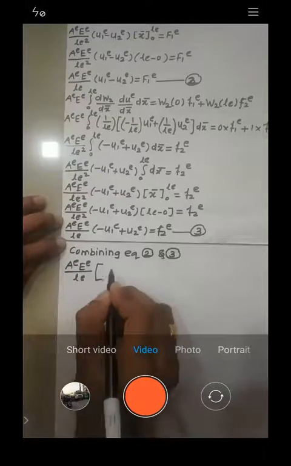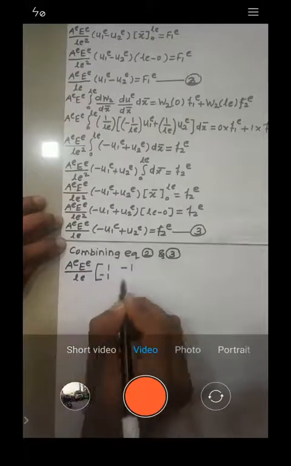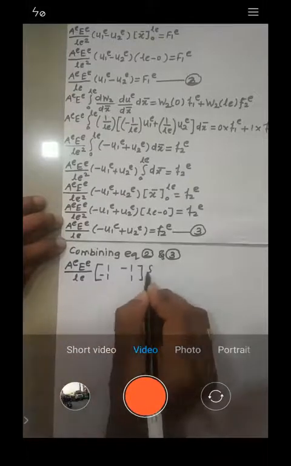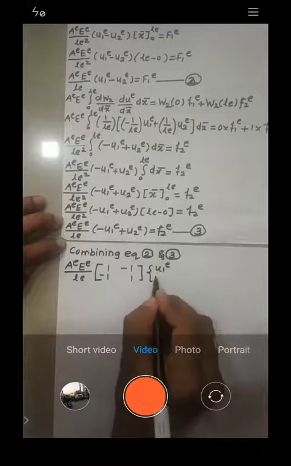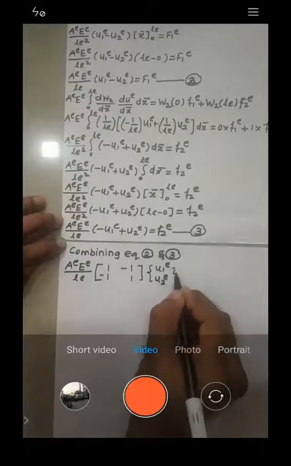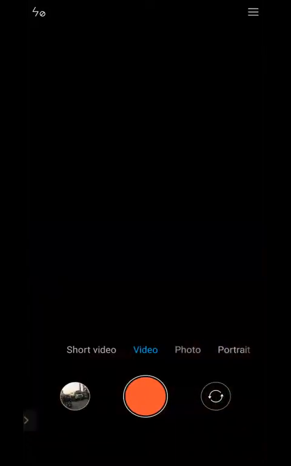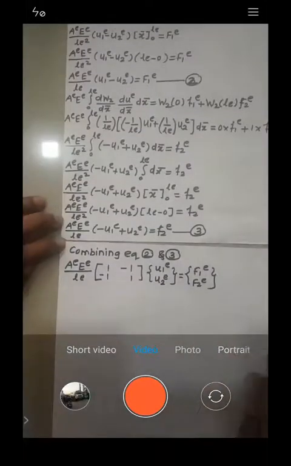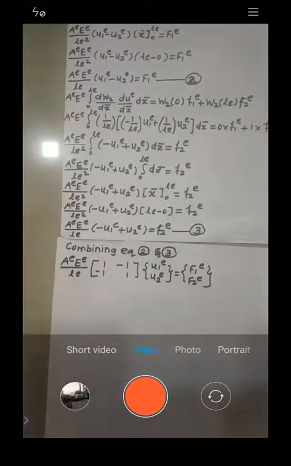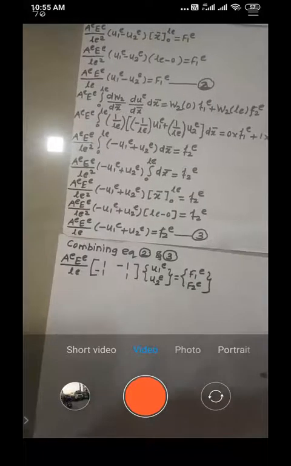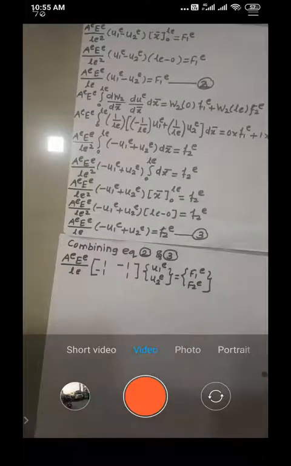See here, 1, minus 1, minus 1, 1, times U1E, U2E is equal to F1E, F2E. Can I club it like this? Let me know. Yes, sir. Now tell me what you got.